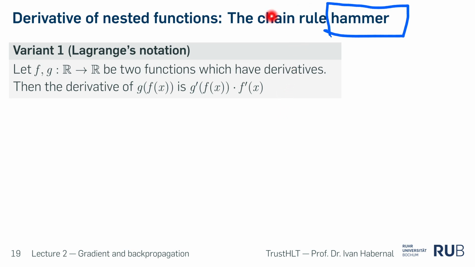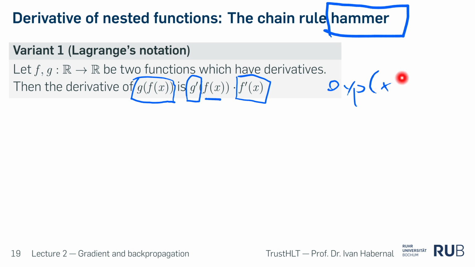And the chain rule is telling you, so the prime, the derivative with the tick, is called the Lagrange notation. It's telling you that if you have two functions which have derivatives, then the derivative of the nested function g of f of x is the derivative of the outer function evaluated at f of x times the derivative of the inner function evaluated at x. Okay, so what does it mean?